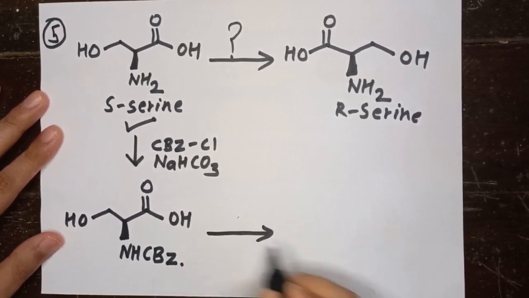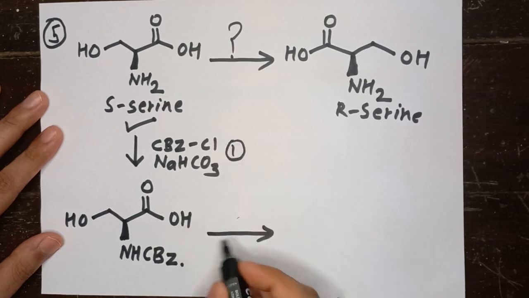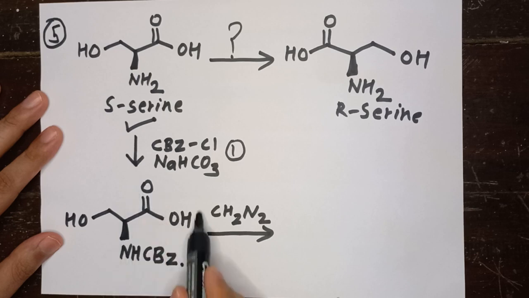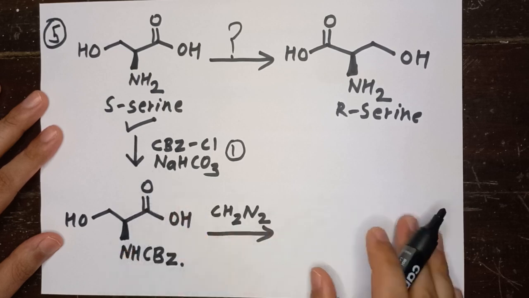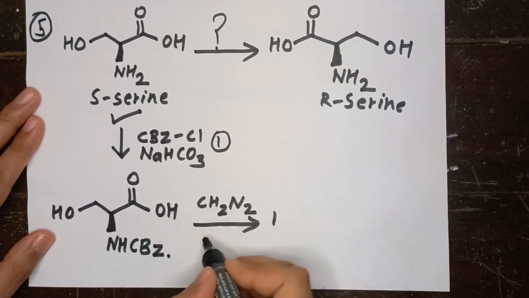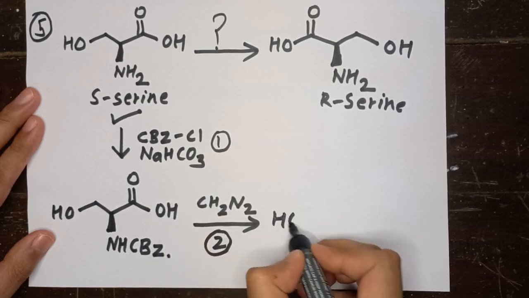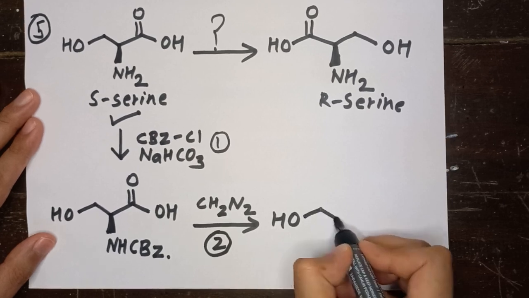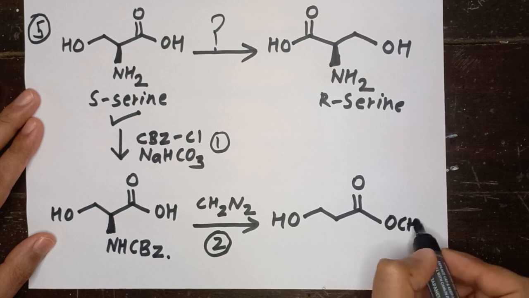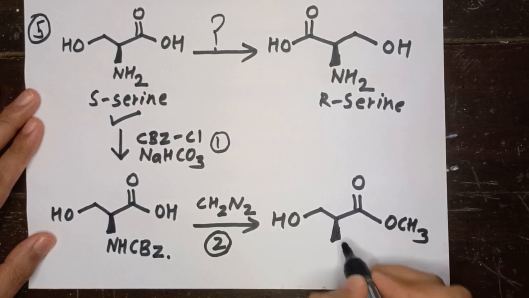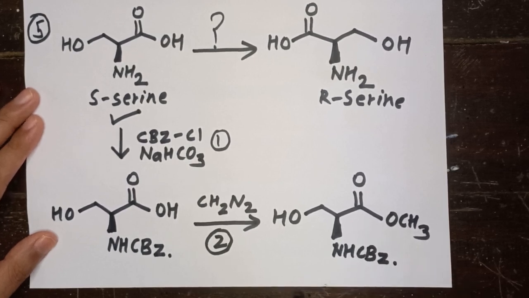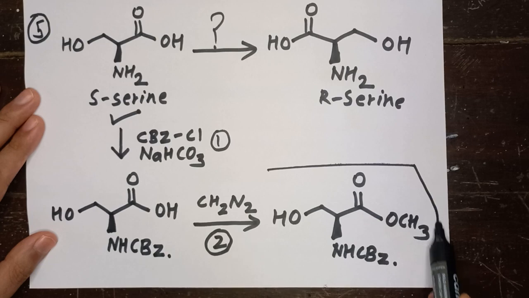Furthermore, in second step, so this was first step, in second step we are using diazomethane to convert this carboxylic acid into an ester, a methyl ester. This CH2 group will sit here. And in second step, the product is going to be... okay. So this is the product of second step.